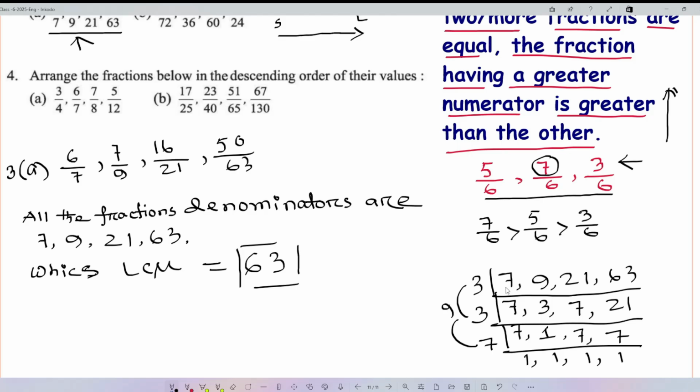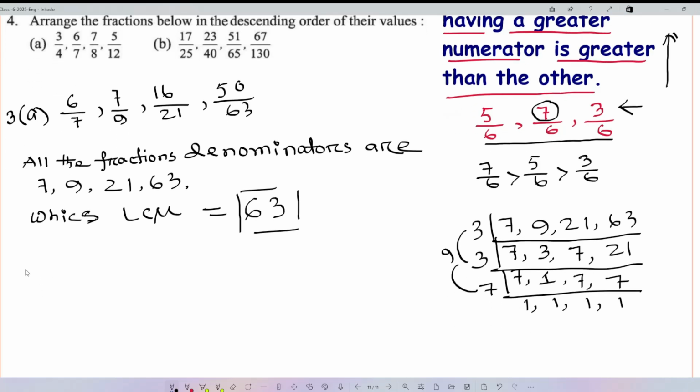Careful, this is the common denominator. So we can write 6 divided by 7, it means the denominator will be 63. So we write 7 times 9 and also 6 times 9. So 7 times 9 is 63 and 6 times 9 is 54, right? Then 7 divided by 9.